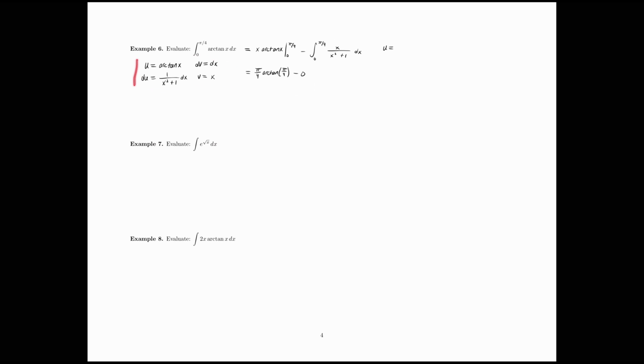So although we identify a u and a dv, and therefore a v and a du, these letters don't actually make their way into the result. We really just use u, du, dv, and v as placeholders so that when we think about the integration by parts formula, we put all the right pieces in the right places.